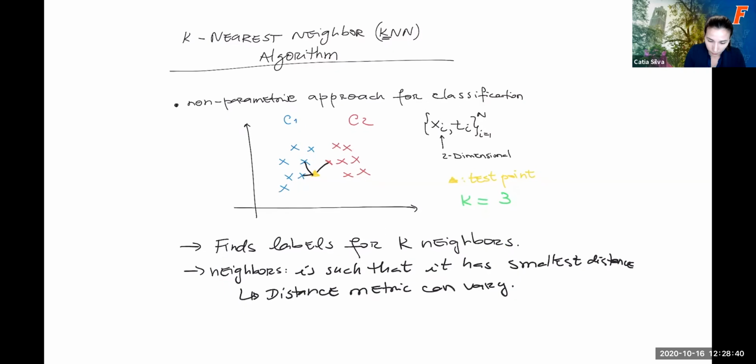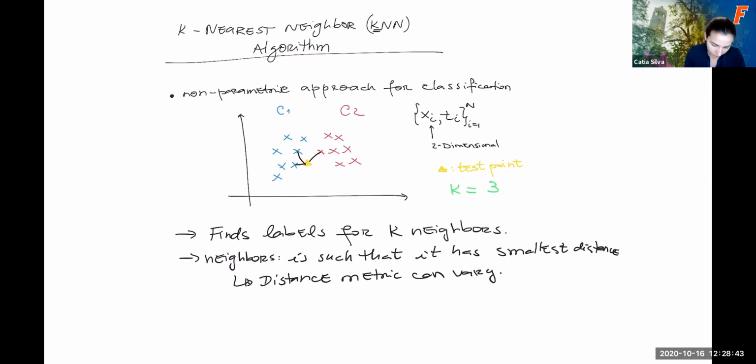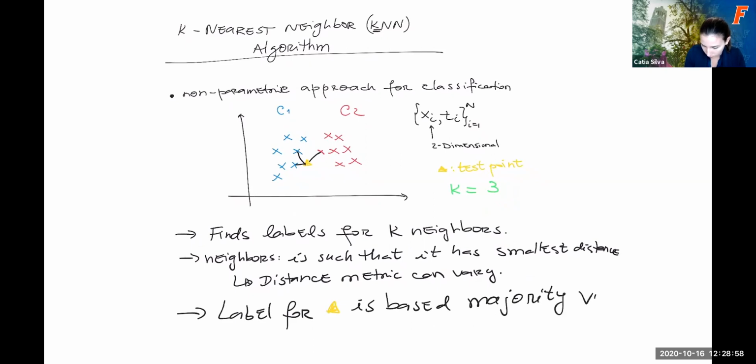The way that we're going to decide the label for the triangle point is based on majority vote. That's the most common scheme for classification.